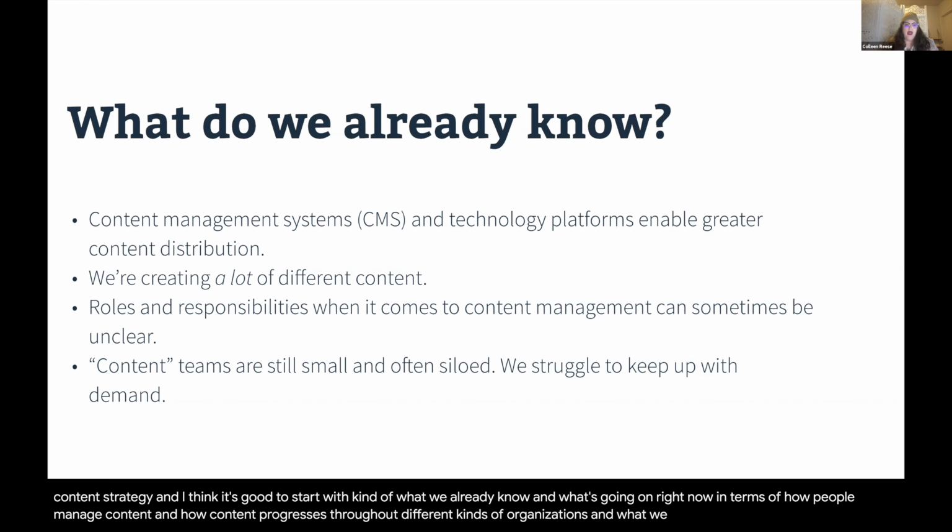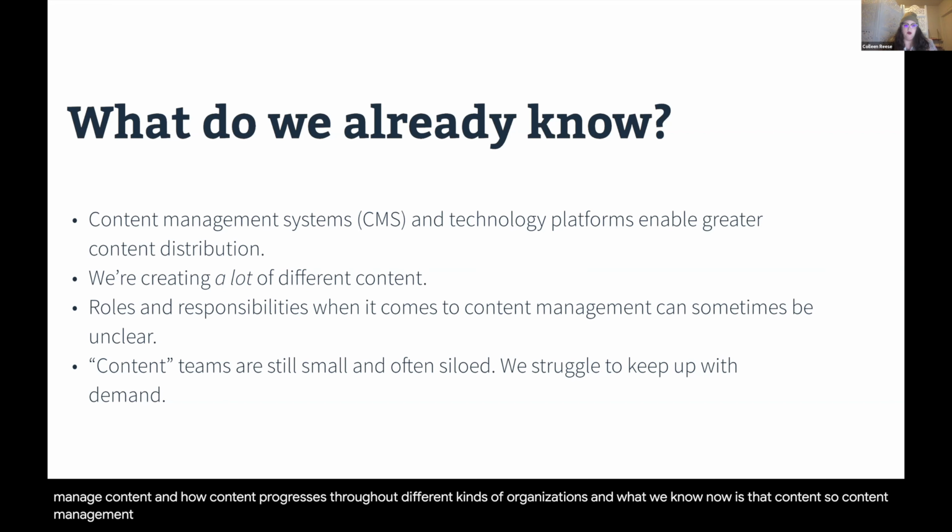What we know now is that content management systems, or CMSs, and technology are already positioned to enable really great and impactful content distribution. We can create content once and distribute it at scale pretty efficiently right now.